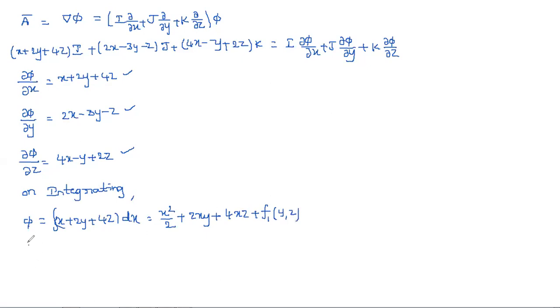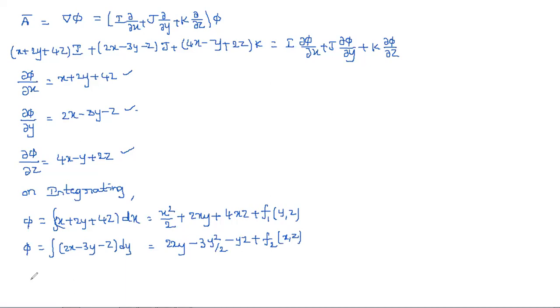And next, from the second one, you have to integrate with respect to y. So phi is equal to the integral of 2x minus 3y minus z with respect to dy, which is equal to 2xy minus 3y squared by 2, and next minus the integral of z dy, that is yz, plus f2 of x and z, since with respect to y, x and z are constants.